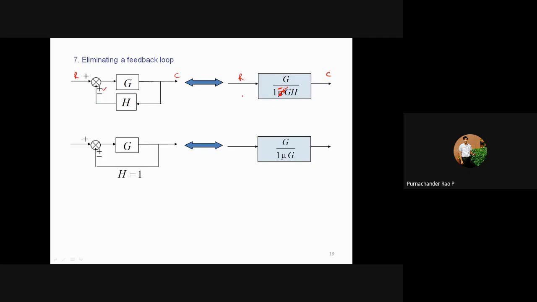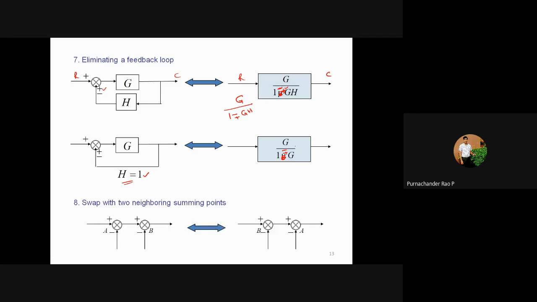So this is going to be G divided by 1 minus or plus G into H. Okay, so here the feedback is 1. So you'll get this as G by 1 minus or plus G. So this is the way of eliminating all the blocks for the reduction.